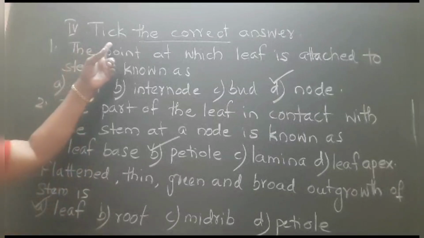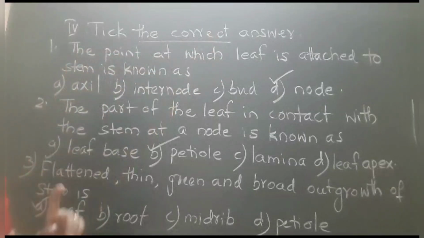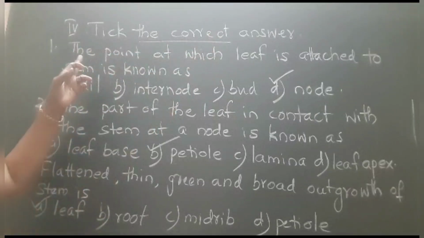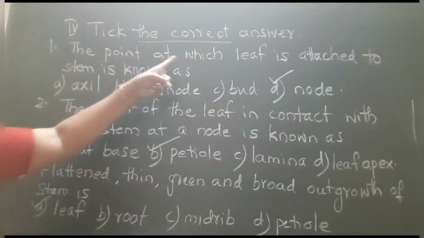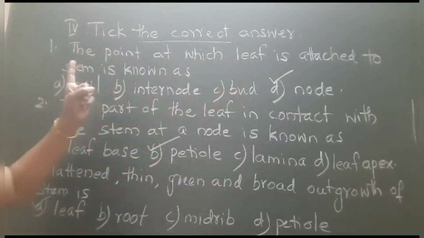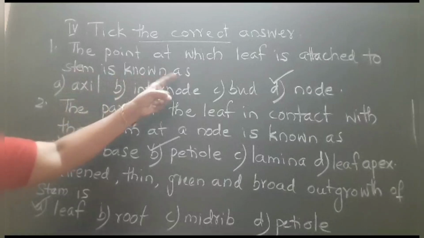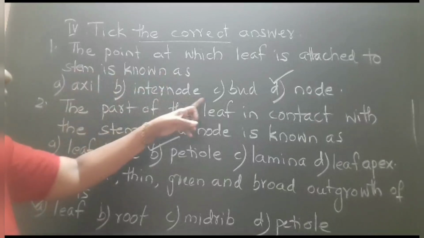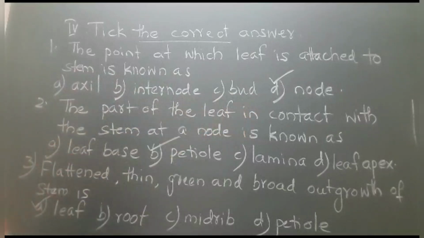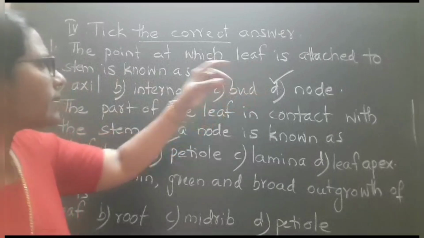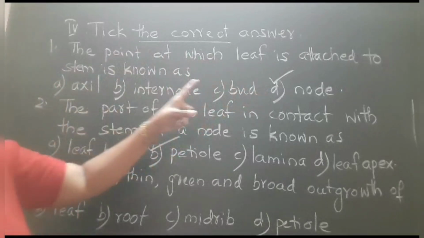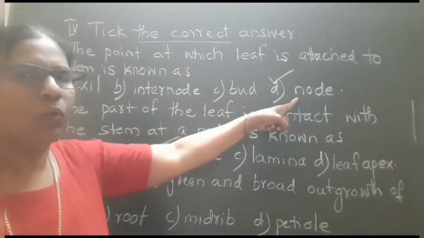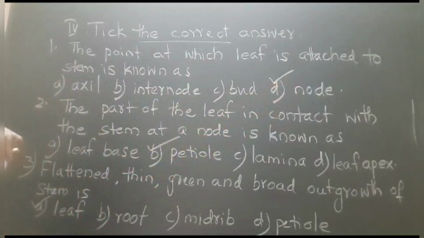Our fourth question is tick the correct answer. Number 1. The point at which leaf is attached to stem is known as A, axil, B, internode, C, bud, D, node. The point at which leaf is attached to the main stem is known as node. Node is the correct answer.